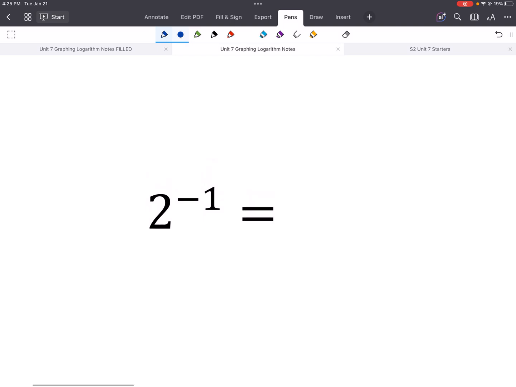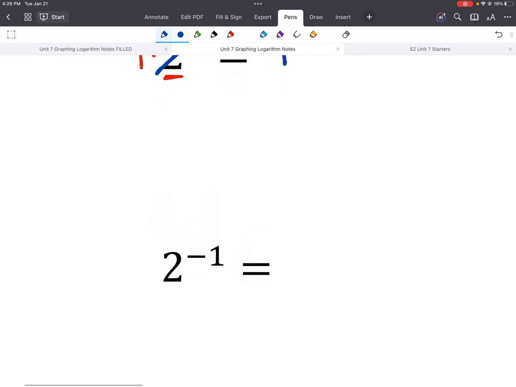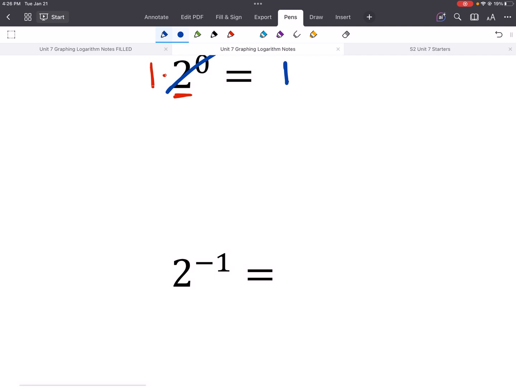What does that mean? So when we did this example, it was how many times we multiplied, right? But when we end up with a negative exponent, it's a little different. How do you multiply, like, negative 1 times, right? That doesn't really make sense, okay?